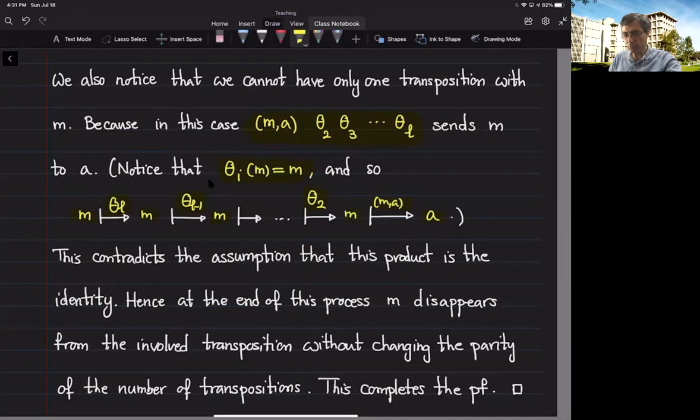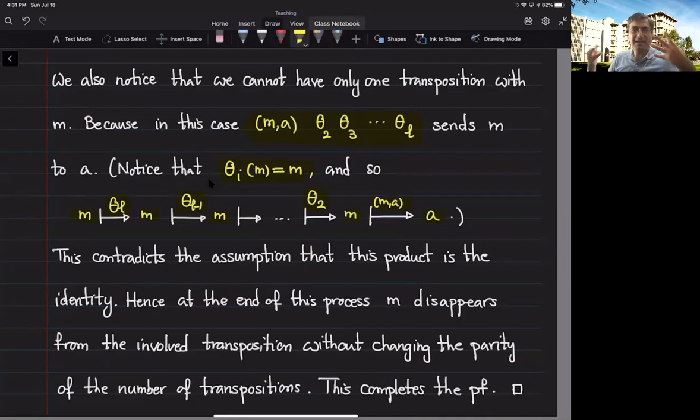The highlight of the proof is to produce a process and write down the identity as a product of new transpositions with the following properties: the parity of the number of transpositions does not change, the number of appearances of the maximum number that appears in the support decreases, and no new number is added to the supports.